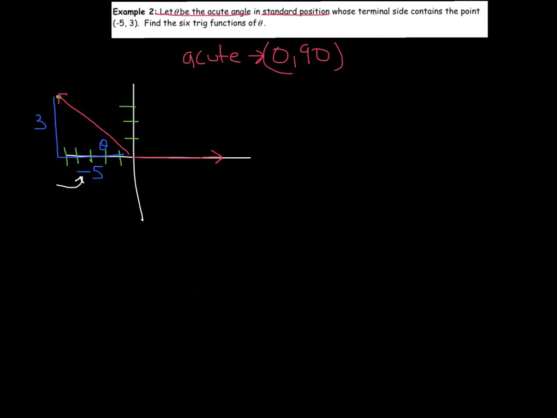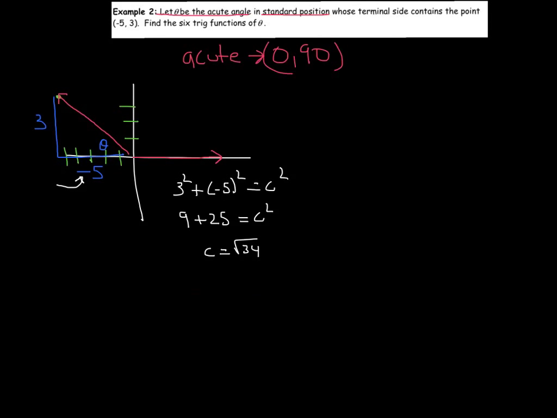So we're going to do the Pythagorean Theorem to get the hypotenuse. So that's going to be 3 squared plus -5 squared equals c squared. So that's going to be 9 plus 25 equals c squared. So c is equal to the square root of 34.